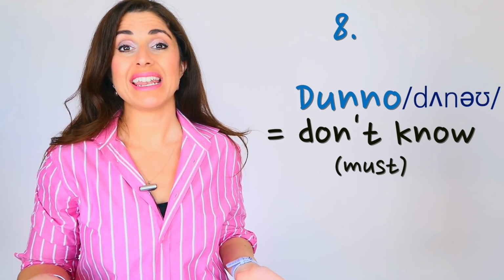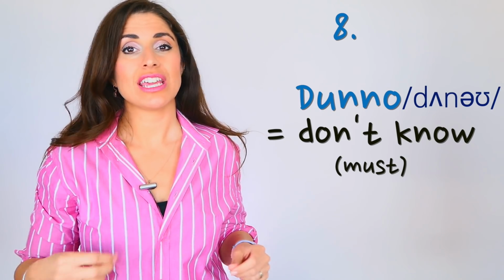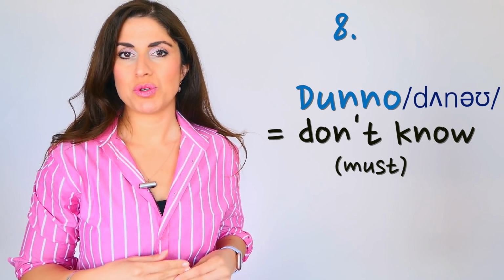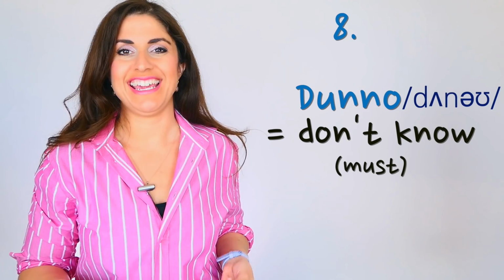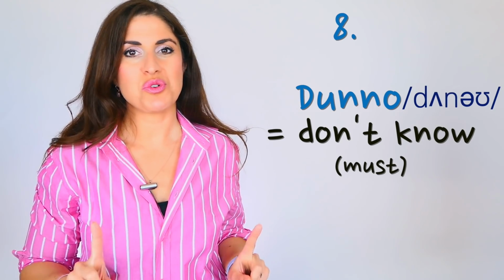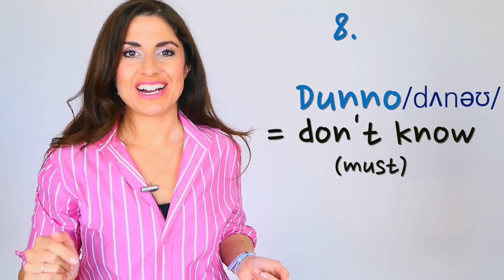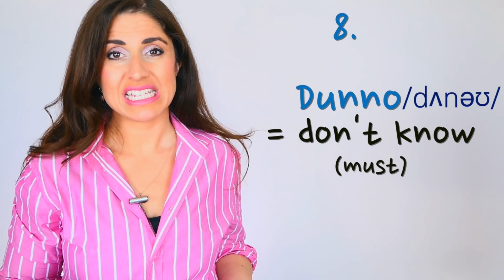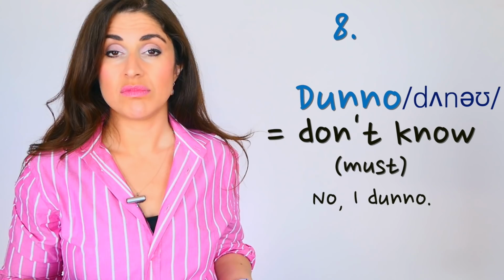And of course, you can even text this. Just like gonna and wanna, writing dunno is perfectly acceptable in informal writing, not in essays, reports, business letters, that kind of thing. Someone might message you. Do you know what time we're meeting tonight? No, I don't know.